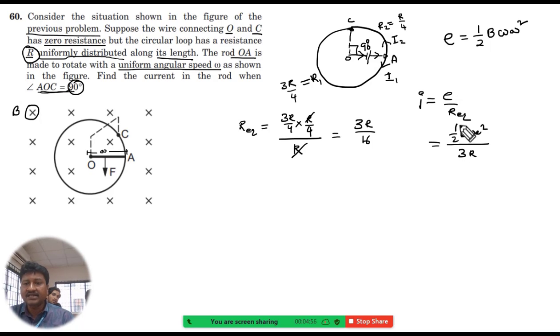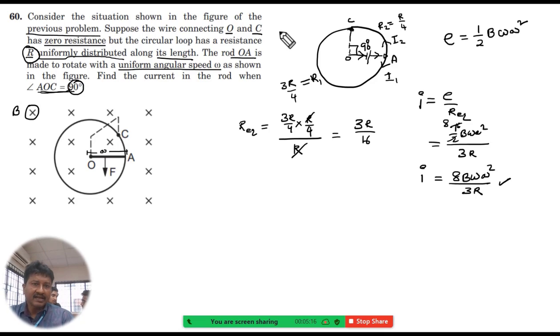The 16 goes to the numerator, and we can cancel 8. So it is 8B omega A square by 3R. That's the current passing through this rod, whatever we attached.